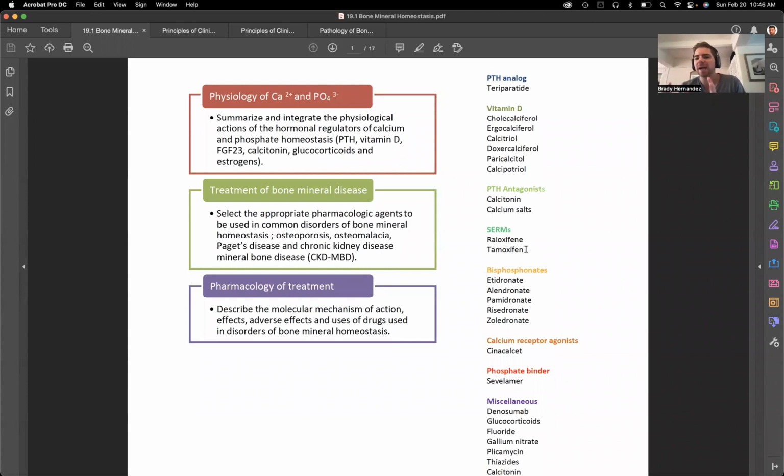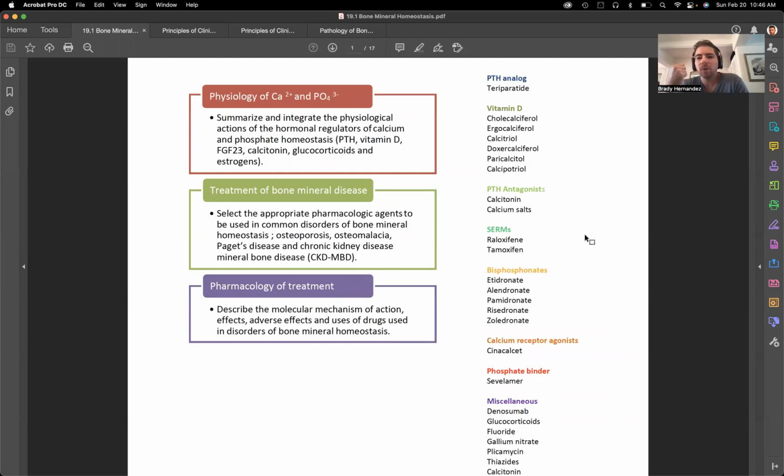So you want it to be an agonist at the bone because that's going to prevent osteoporosis. You want it to be an antagonist at the breast because that's going to stop estrogen receptor type breast cancer. The problem is it is an agonist at the uterus, which could increase your chance of uterine cancer. Now, ideally, you wouldn't have to use that because they came out with raloxifene. Now, raloxifene is an antagonist on the breast, good for breast cancer, antagonist on the uterus to prevent uterine cancer, but it's an agonist on the bone.